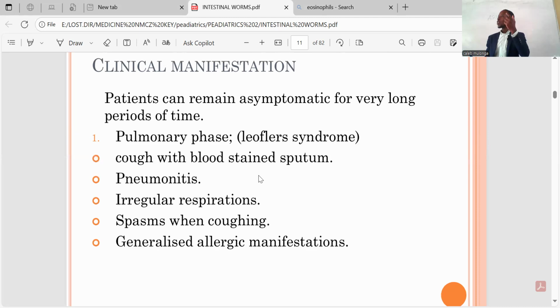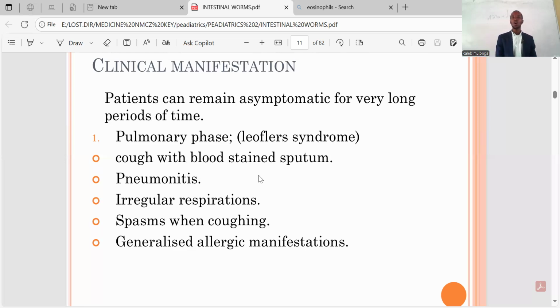In the pulmonary phase, we have the following signs and symptoms in the respiratory system. Why? Because the larva travels to the lungs and develops into worms, which travel through the bronchial tree, and all those things can cause signs and symptoms.